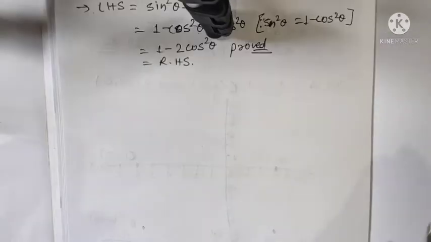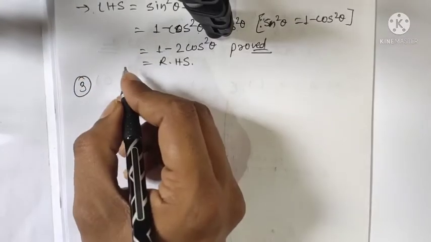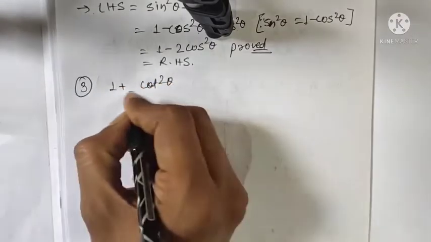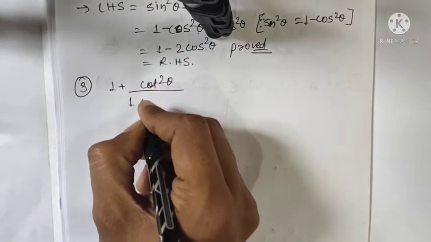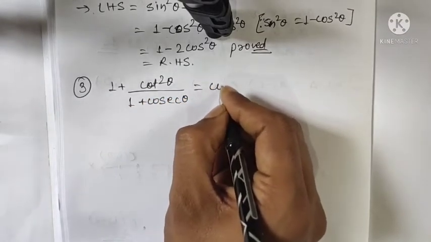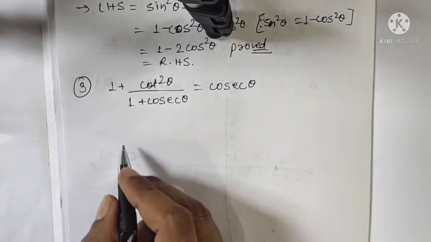Okay. Now question number 3. Question number 3 is 1 plus cot square theta by 1 plus cosec theta is equal to cosec theta. So we will solve it similarly.